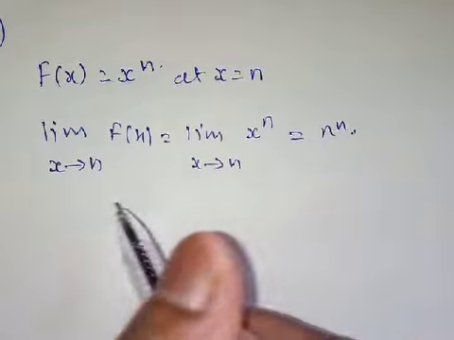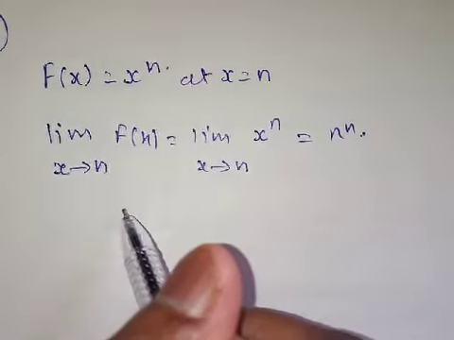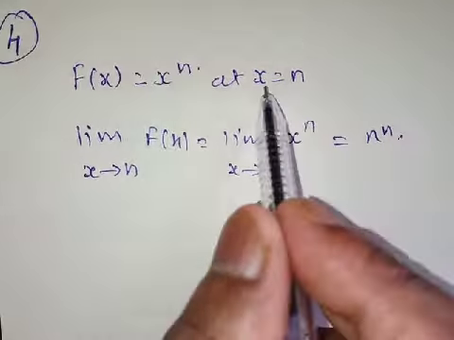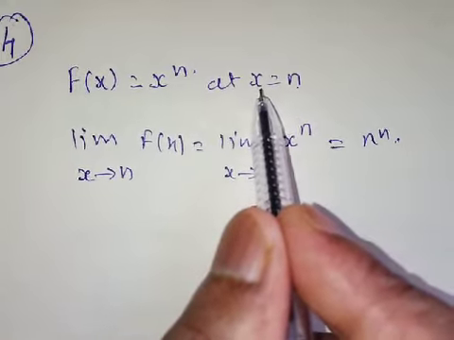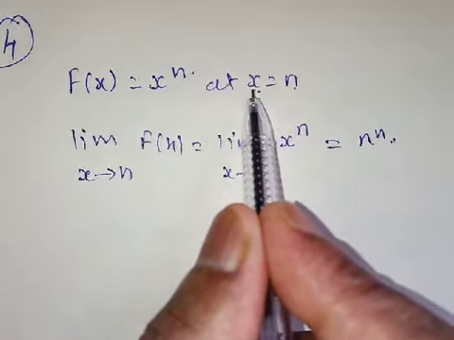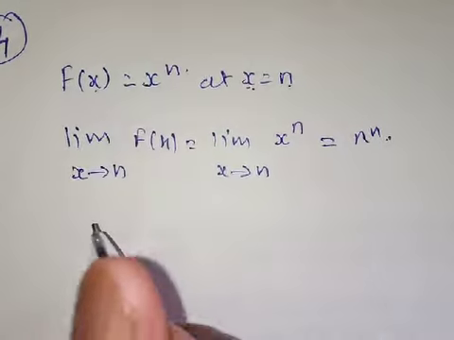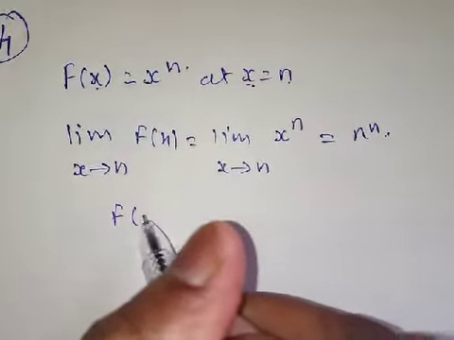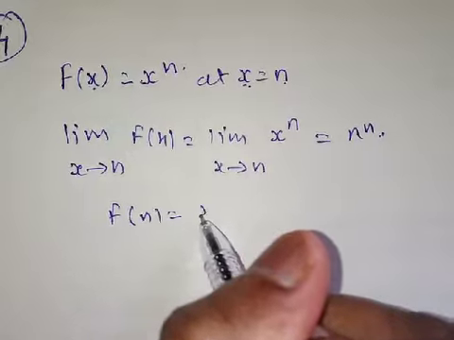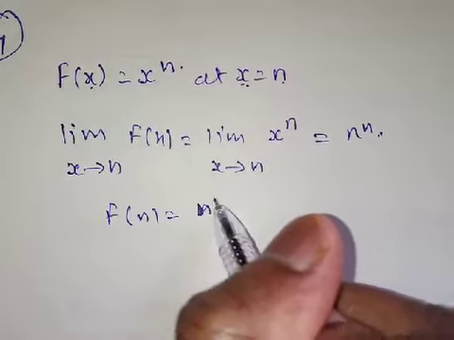This is that. Now after that we have to find the value of f at x equal to n. In place of x, we will substitute n. So f(n) is equal to n raised to n.